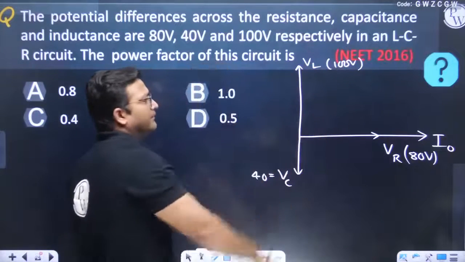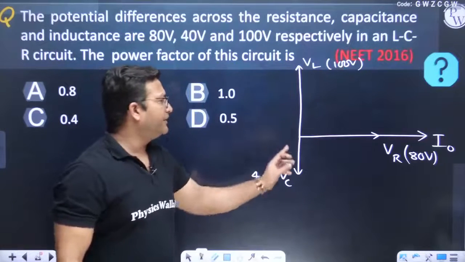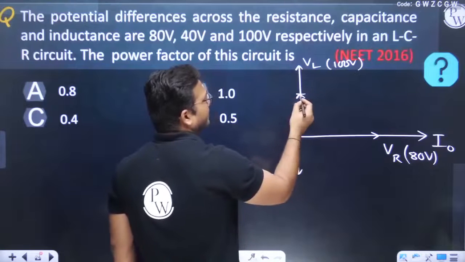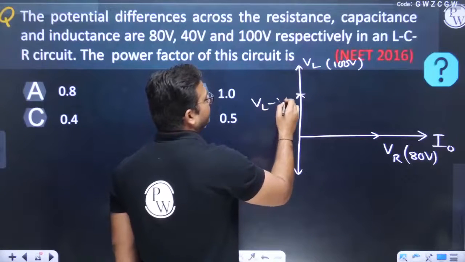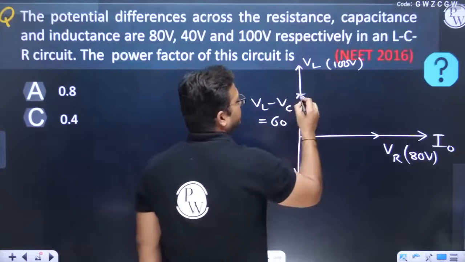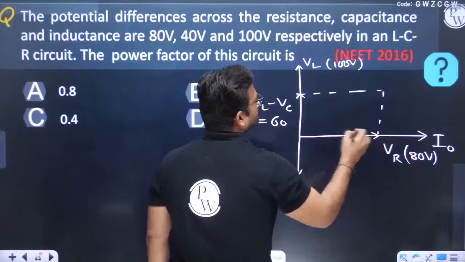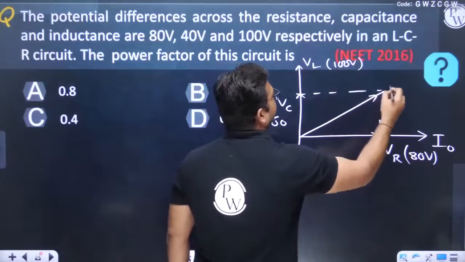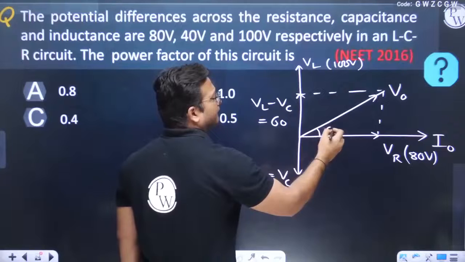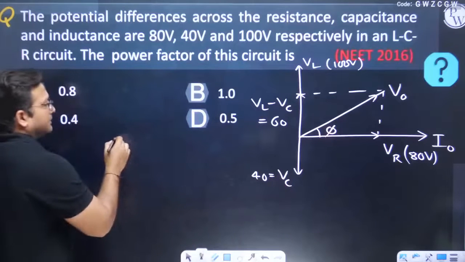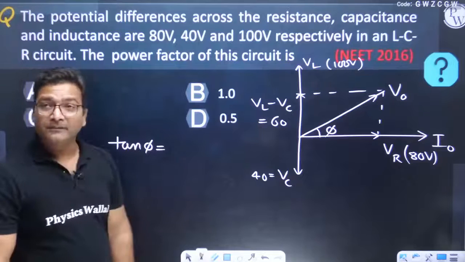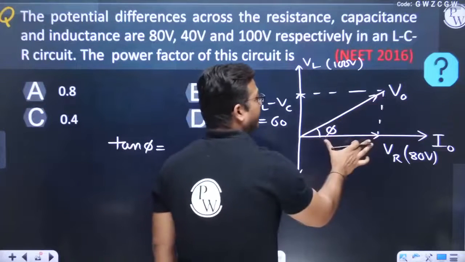First we will take the resultant of VL and VC. If you subtract VC from VL, you will be left with VL minus VC, and VL minus VC is obviously 100 minus 40, which is 60. And the resultant of VL minus VC and R should be the net voltage phasor V naught. If we take this angle phi, tan phi would be equal to perpendicular by base, and perpendicular is 60 and base is 80.